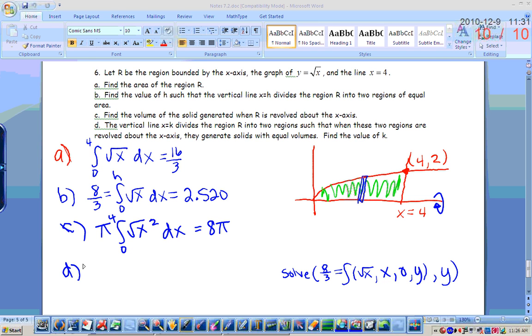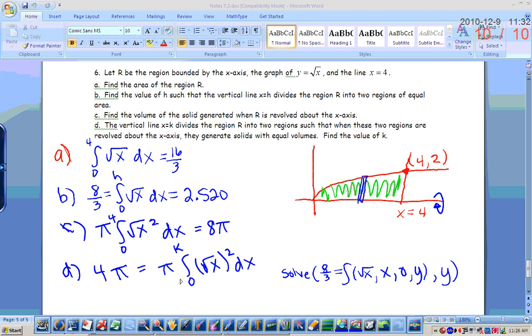Okay, so find the vertical line x equal k so that I'm dividing R into two regions such that when the two regions are revolved around the x-axis, they generate solids with equal volumes. Okay, so it's basically the same thing as the equal areas. How would I do this? 4 pi equals pi integral from 0 to k root x squared dx.